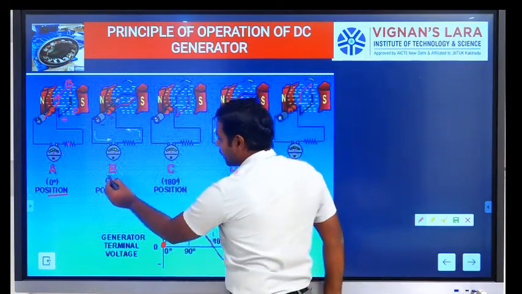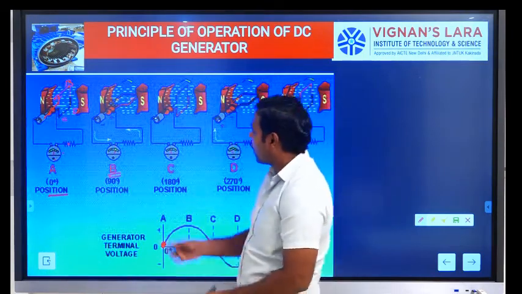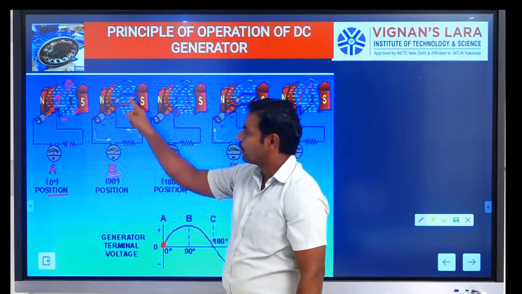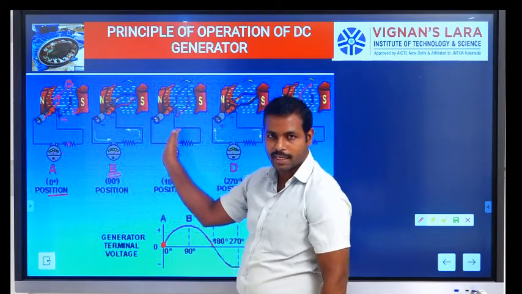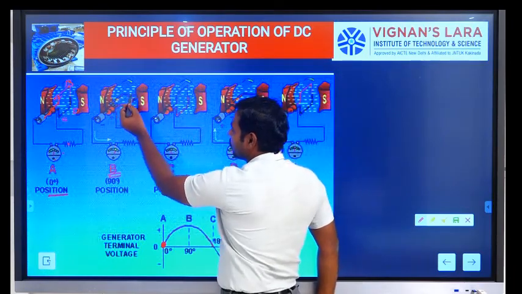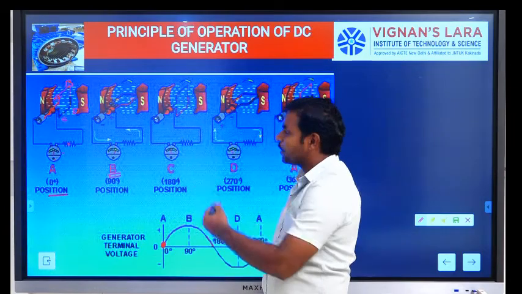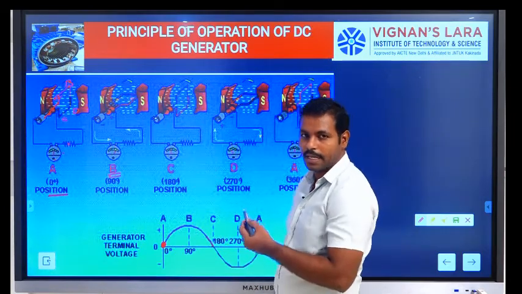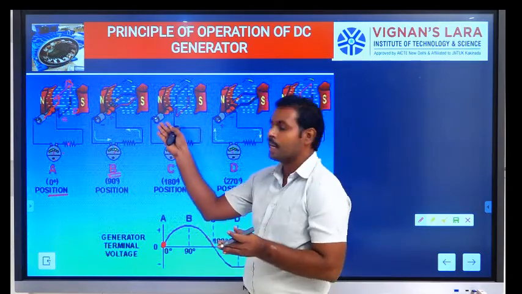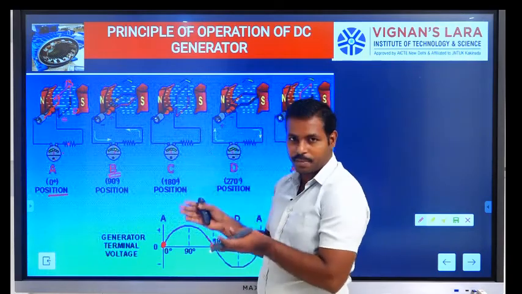In the second condition, using a prime mover, the rectangular coil is rotated from 0 degrees to 90 degrees in a clockwise direction. During the rotation of the coil, it always cuts the magnetic field produced by the permanent magnets, so it induces an EMF.